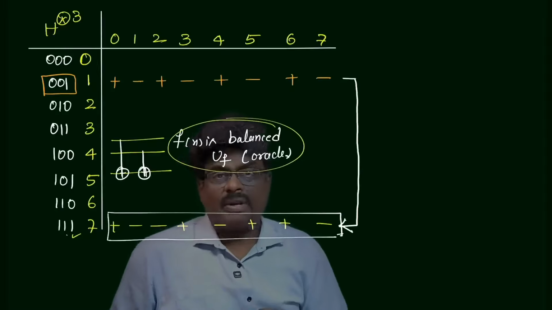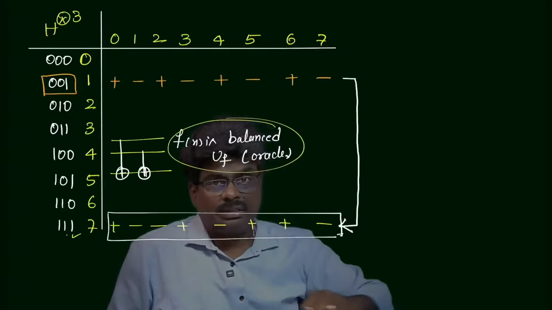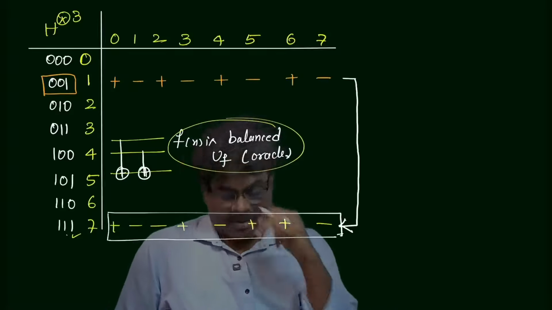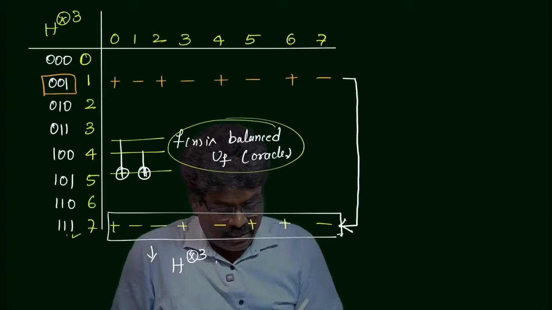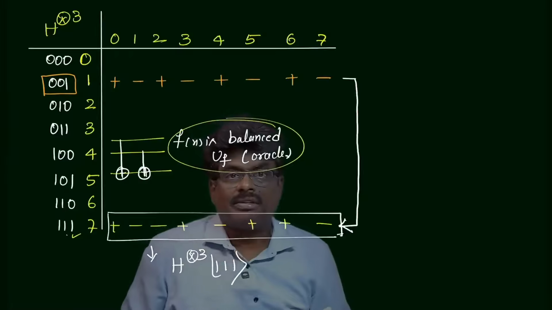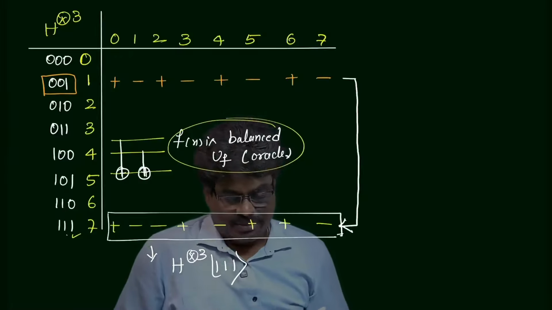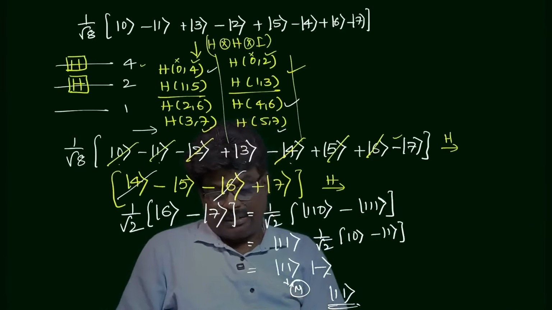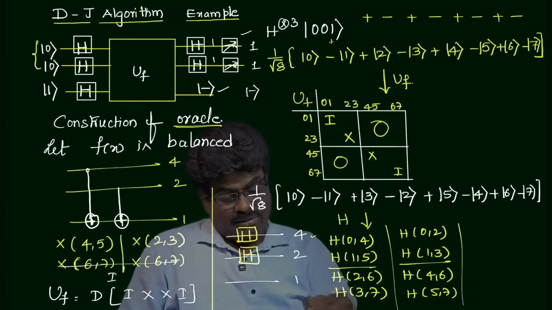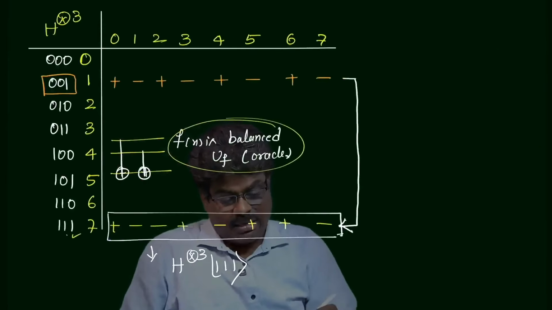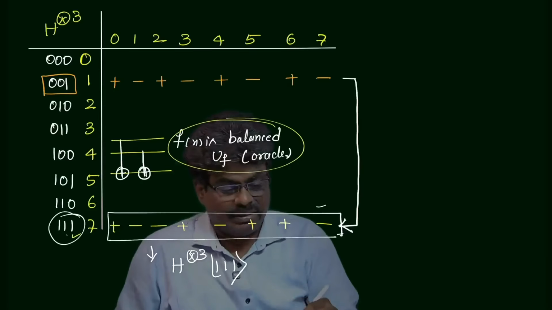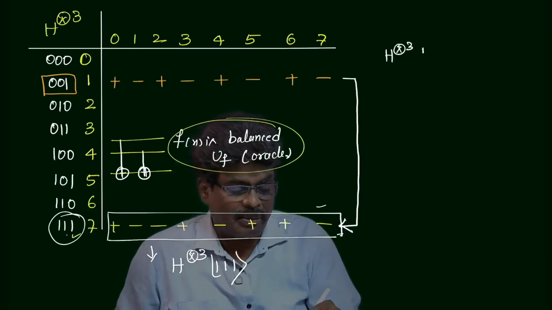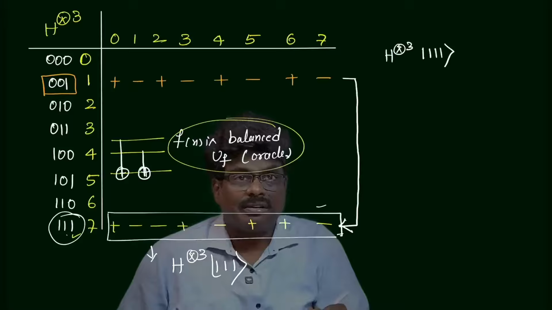That means 1 over root 8, a linear combination of these 8 states, which I can write as H tensor 3 applied on 1 1 1. So after operating this oracle here, I'm getting this one. This is nothing but the last row, that is H tensor 3 operating on triple one.